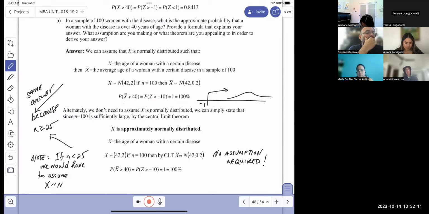So that's the whole distribution, right? If the normal is over here, -10 is over here. That means it's the whole distribution. So yeah, it's 1.